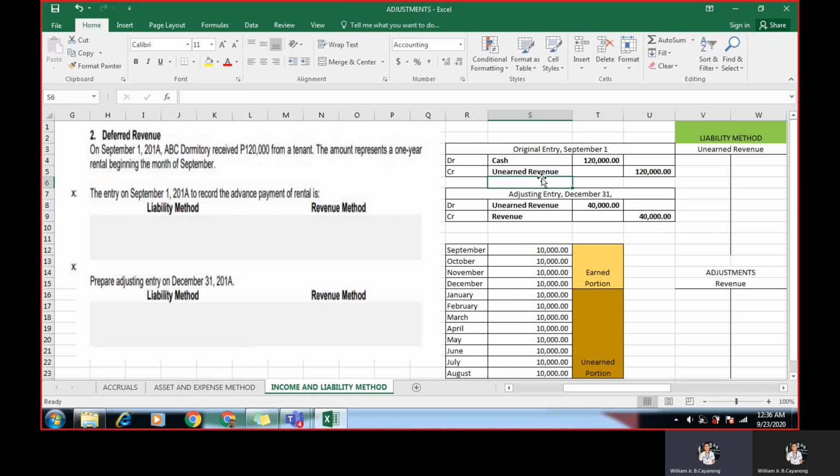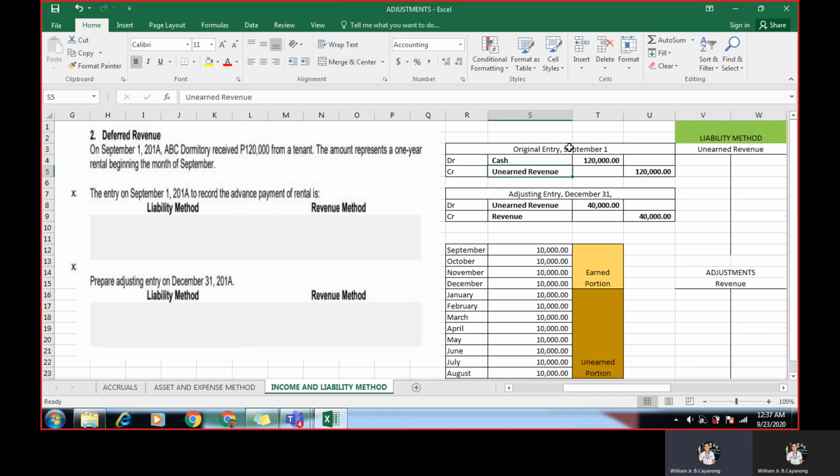It's because we recognize it as a liability account, since, according to accrual basis of accounting, we will only recognize revenue when earned. How do we know when it is earned? When we provide the services or when we deliver the goods to the customer. That is why very conservative ang company nito, kaya gumamit sila ng liability method.